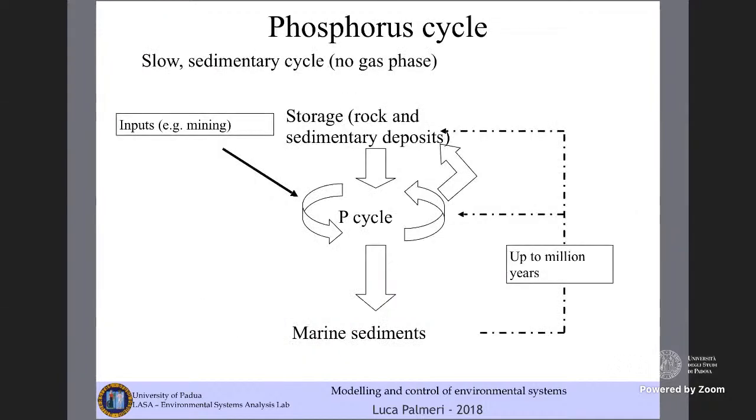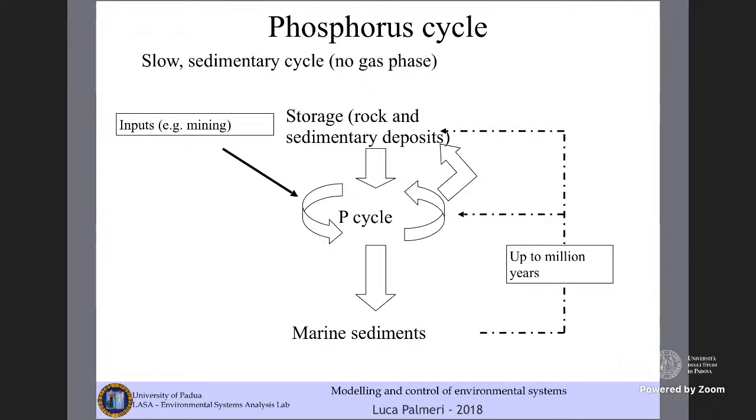Okay, the phosphorus cycle is a slow sedimentary cycle with no gas phase, of course. Inputs come, for example, by mining. There is a storage that is in the rock and sedimentary deposits in the bottom of the sediment.